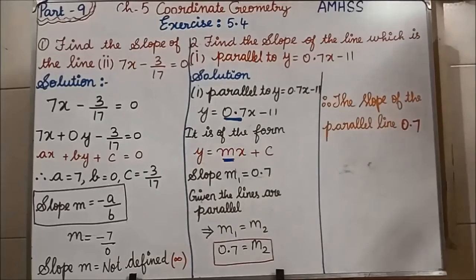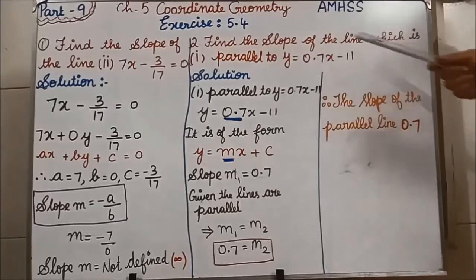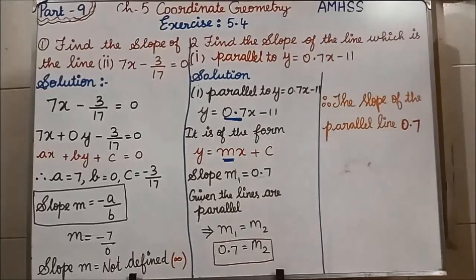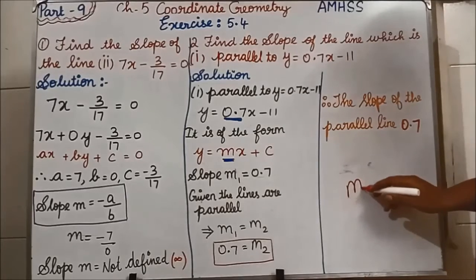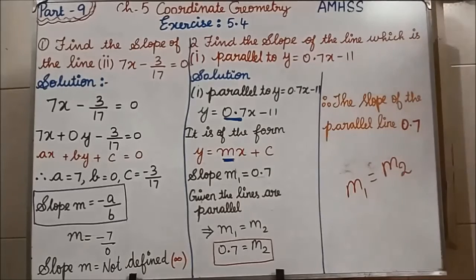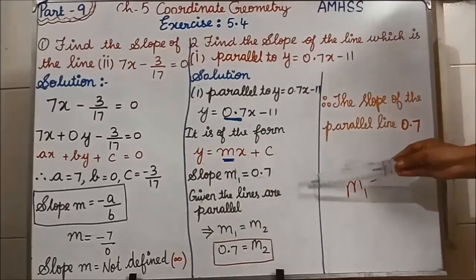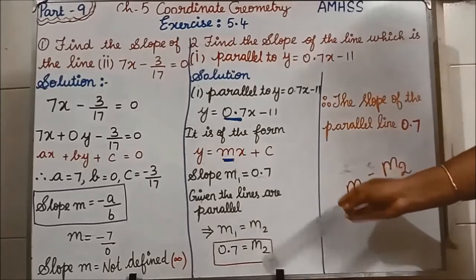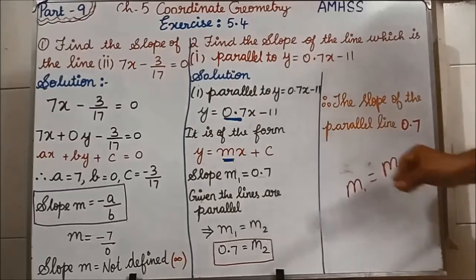Why are we taking m1 here? Parallel means, we have learnt the formula in 5.3, m1 is equal to m2. Parallel means slope m1 is equal to slope m2. Given that the lines are parallel, the formula is m1 is equal to m2.